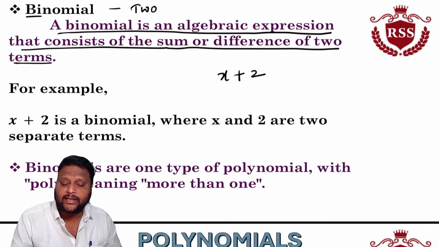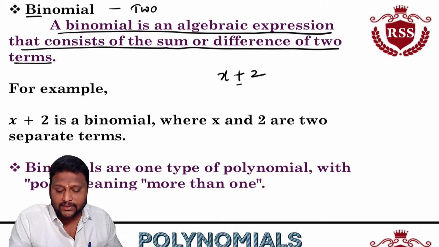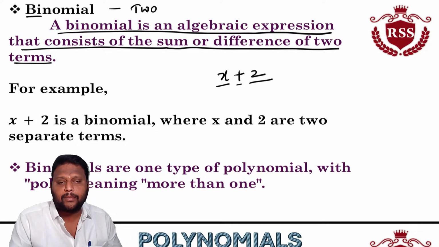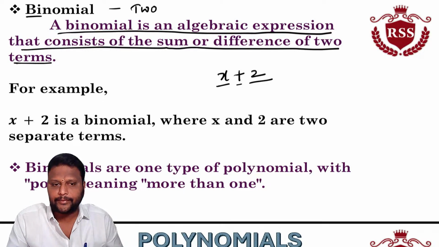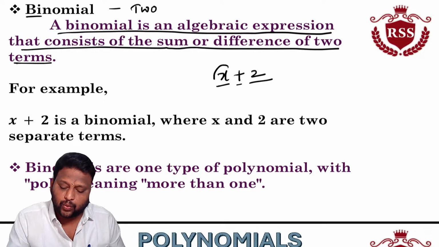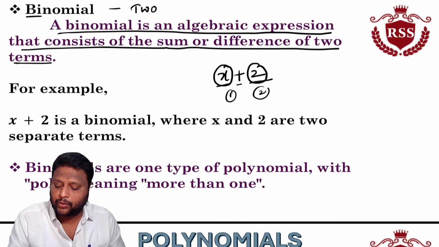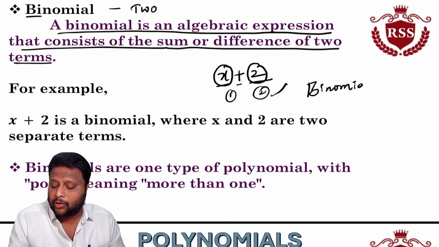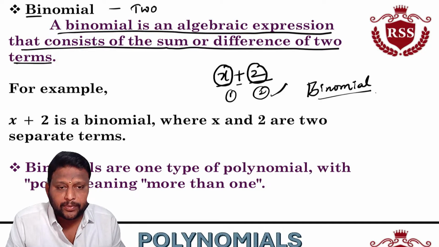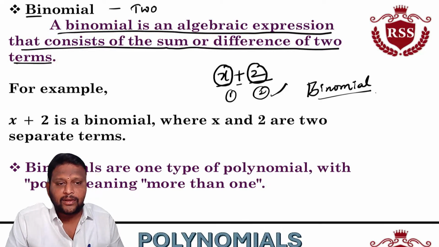I have already said, if there is plus or minus, before plus is one term, after plus is another term. This is one term and this is another term, 1 and 2. That's why this is a binomial. Binomial is an algebraic expression that consists of sum or difference of two terms. Is it clear?